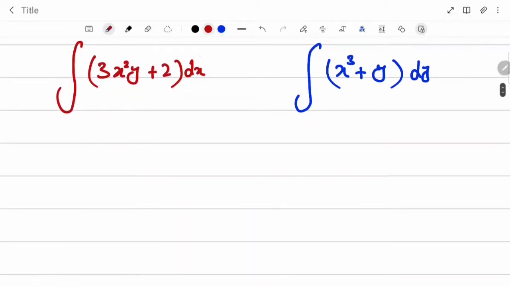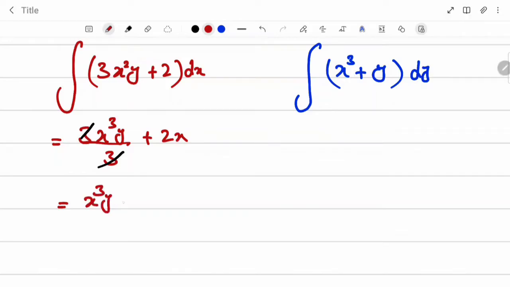Remember, this is an integration with respect to x, so we just integrate. 3 x to the power 2 plus 1 gives x cubed, y remains there, divided by 3, plus 2x. So we will have x cubed y plus 2x.